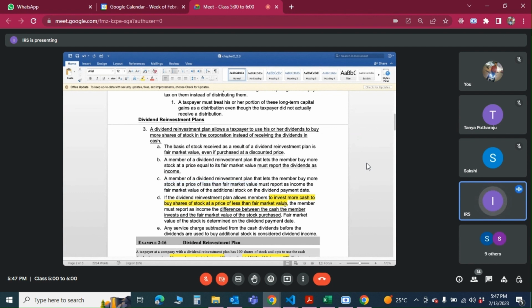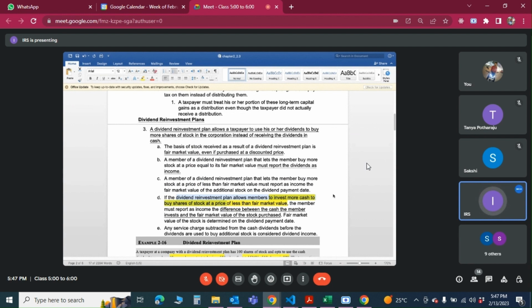Now here, what is happening is they're also paying cash along with the dividend reinvestment. So basically, the dividend is say only $10,000, and the stocks that you want to buy are for $15,000. So you'll put in an extra $5,000 cash. You say, okay, use my dividends for 10,000, and I'll put in another $5,000.